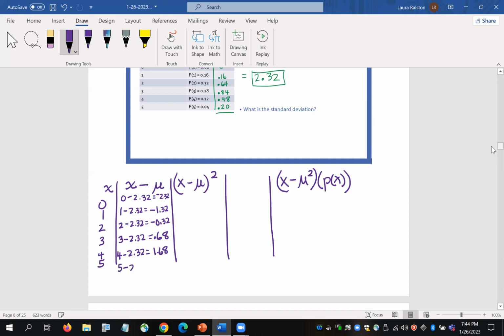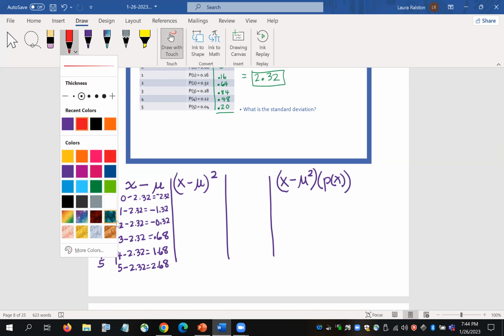And 5 minus 2.32 is 2.68. So I do the subtraction. I take each X, subtract the mean that we just calculated. And then I've got to take each of those answers and square it.